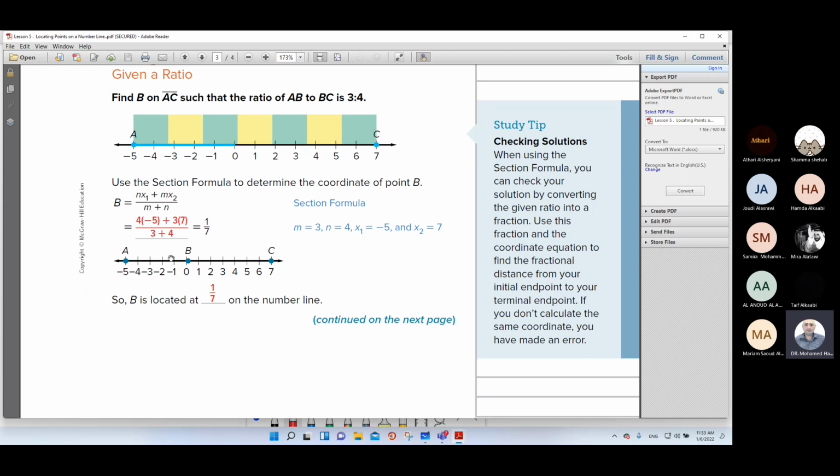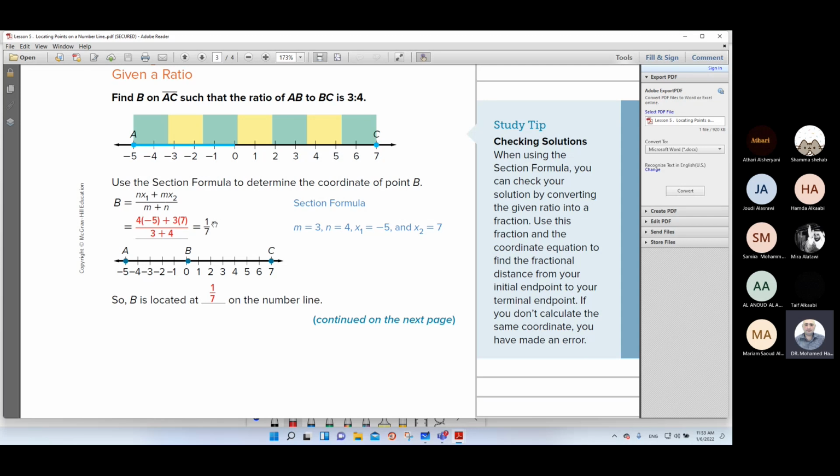Then we can solve: 4 times -5 is minus 20, and 3 times 7 is 21. Minus 20 plus 21 will be 1, and below we have 3 plus 4 will be 7, so the answer will be 1 over 7.